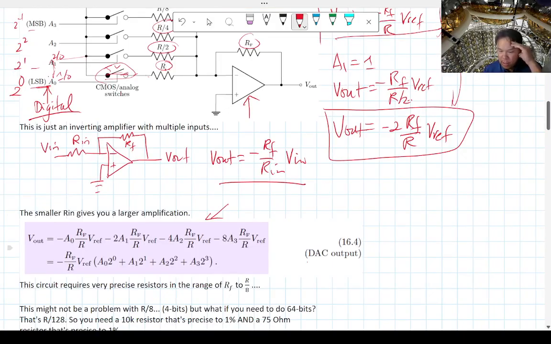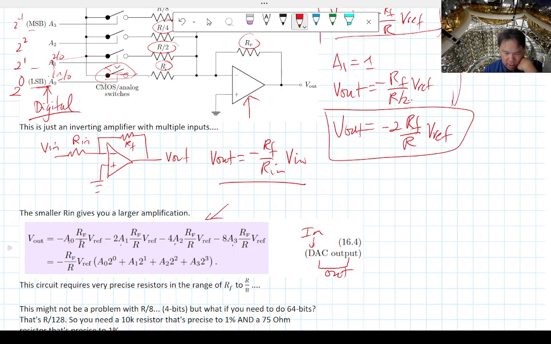So the general formula for the digital to analog output, meaning you have an analog output and a digital input. In general, you're going to get the negative of whatever those digital values, A0, A1, A2, A3, 4, 5, 6, 7, 8, and on and on like that.